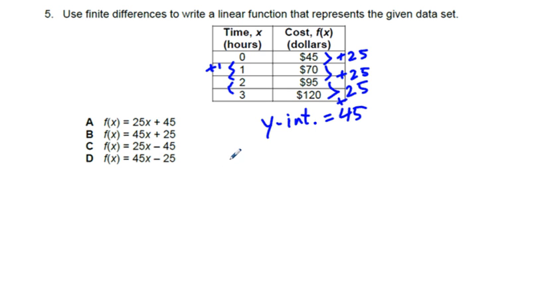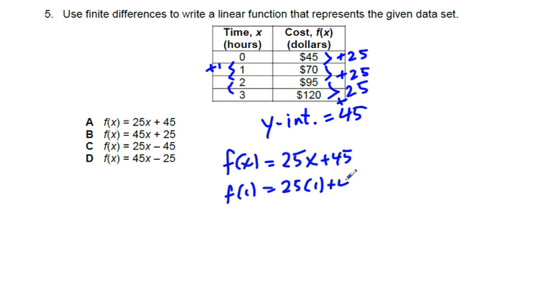So our equation is going to be f of x equals 25 times x plus 45. And you can see just by substituting things in for x that that's going to be the case. Let's just make sure f of 1 should be 25 times 1 plus 45.